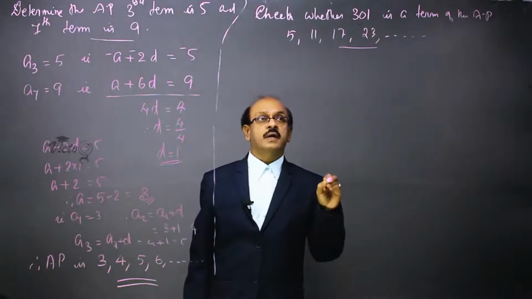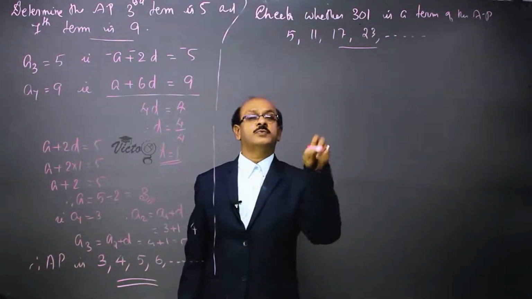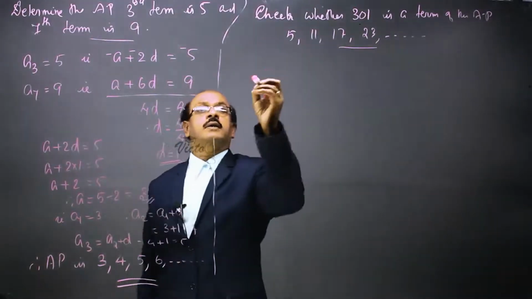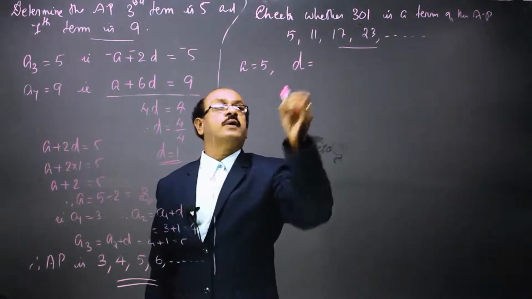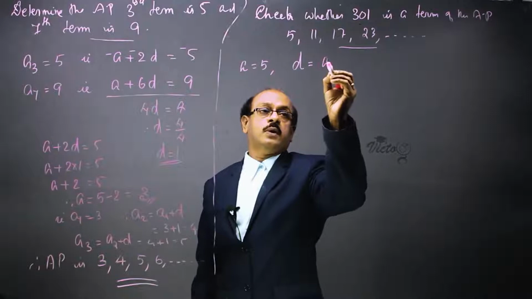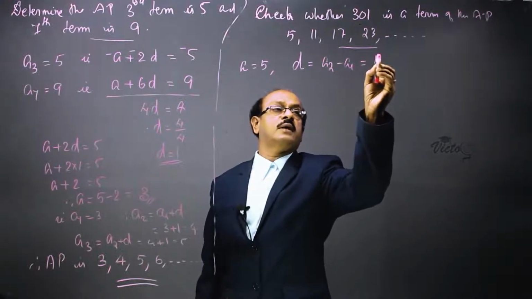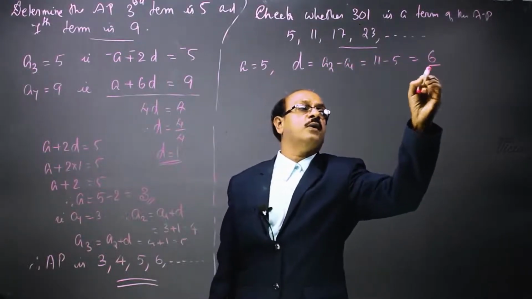That means, does 301 belong to this progression? For that, write the value of A. A is equal to 5 and common difference D is equal to A2 minus A1, means 11 minus 5 is equal to 6.